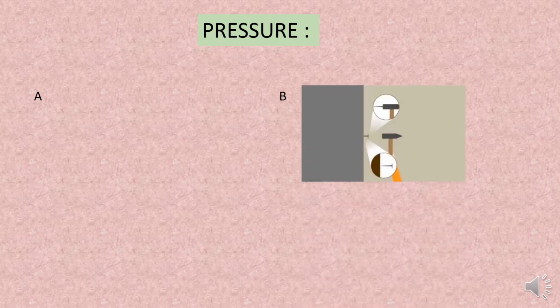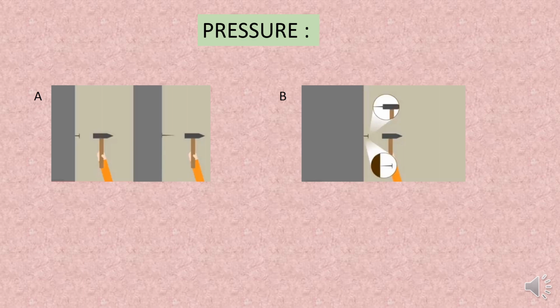For example, try to push a nail into a wooden plank by its head. Did you succeed? Now try to push the nail by the pointed end. Now it is easier to push the nail into the wooden plank, right? Why is it easier?